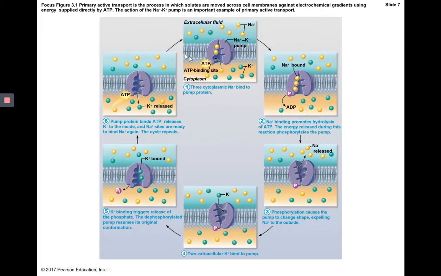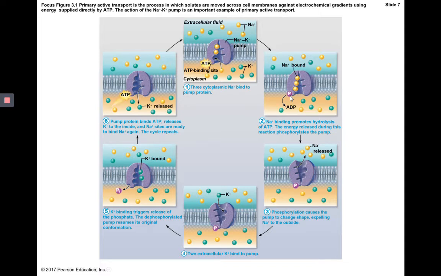So we're going to start at step 1, where 3 cytoplasmic sodium ions bind to the pump protein. They can only bind to the pump protein after the pump protein has bound ATP. Right after the 3 cytoplasmic sodium bind to the pump protein, the ATP will be broken down into adenosine diphosphate, or ADP, and inorganic phosphate.